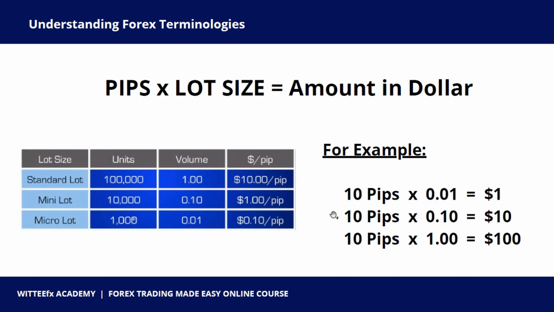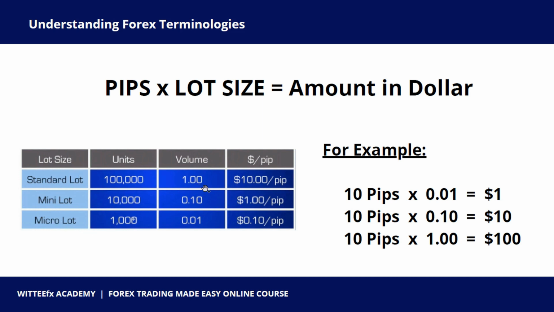So how exactly does it work? The amount of pips the market moves multiplied by your lot size gives you the amount in dollars you are either going to make as profit, or make as loss rather. So lot sizes, we mentioned we have 3 types: the standard lot size, the mini lot size, and the micro lot size.